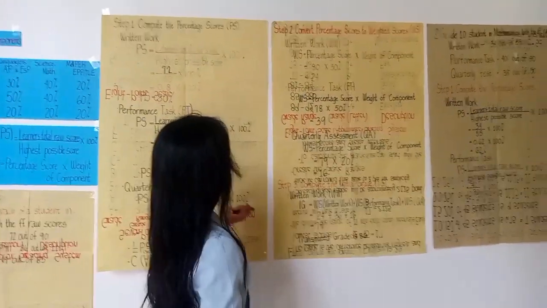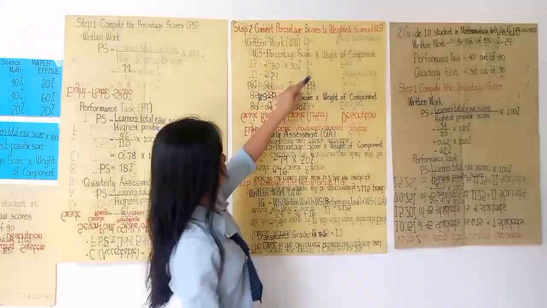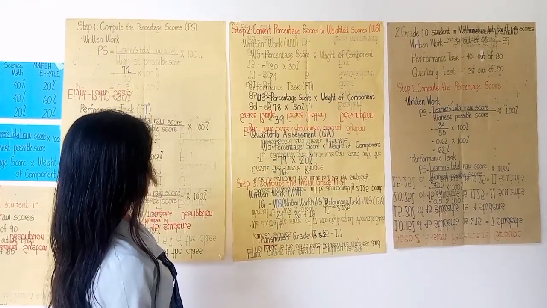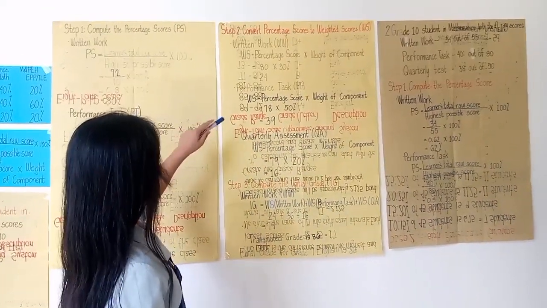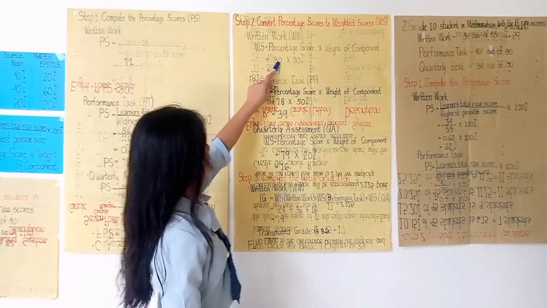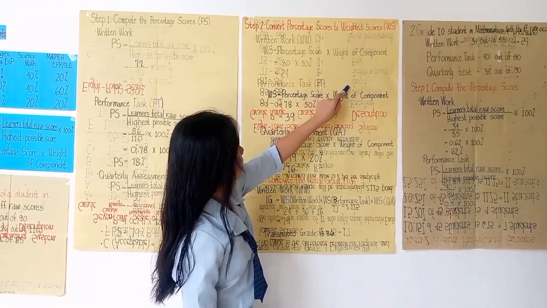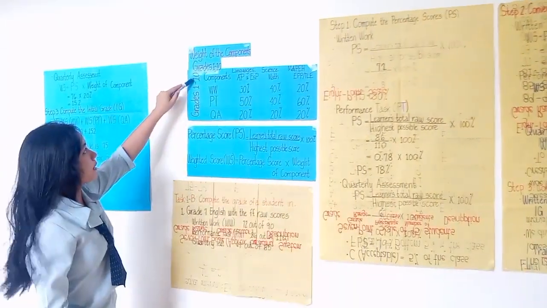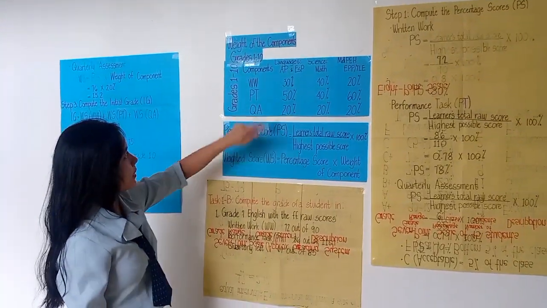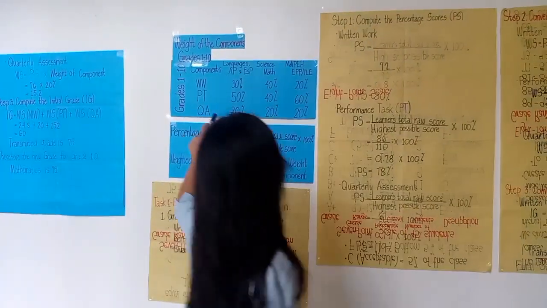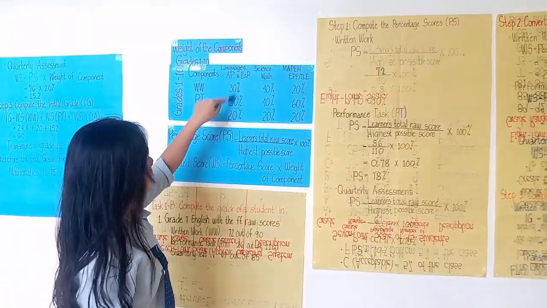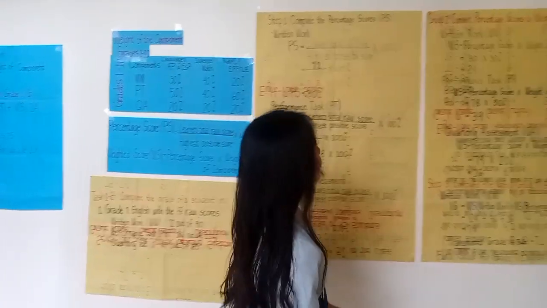Step 2, convert percentage scores to weighted score. First is the written work: percentage score times the weight of component, and here are the weights of components, the subjects and the components.